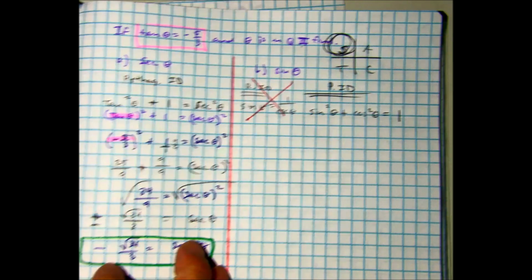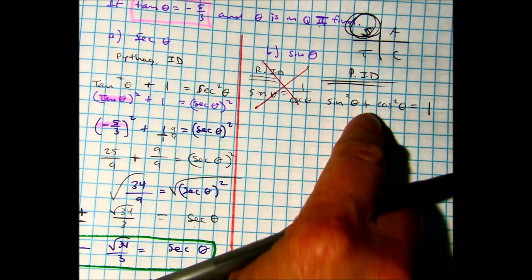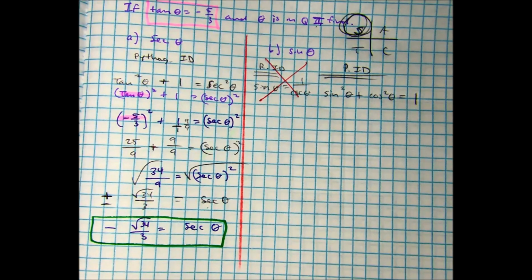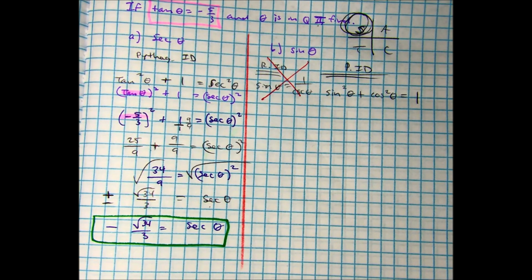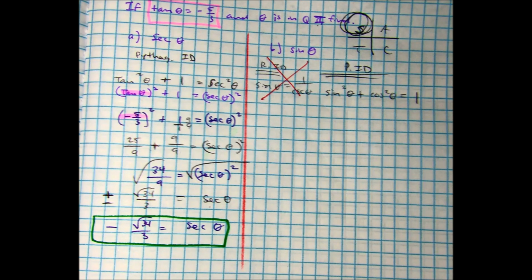Partner B, tell partner A, what do you think I'm going to do with this? Ready, set, go. On the count of 3, we're going to say the next identity.